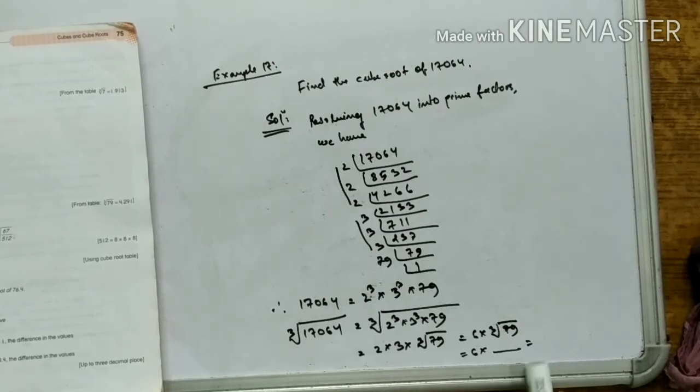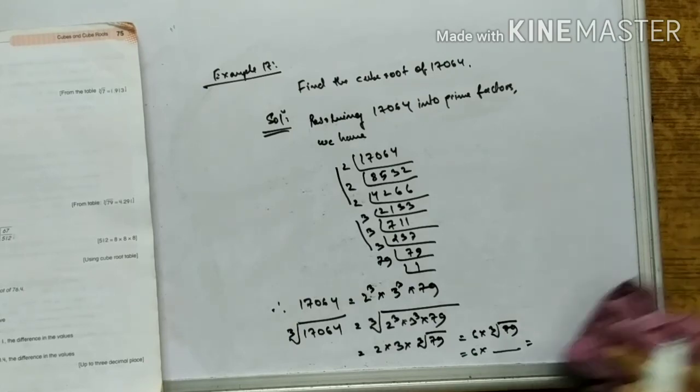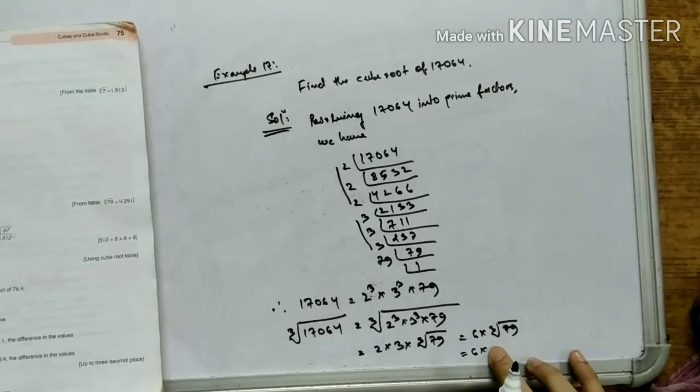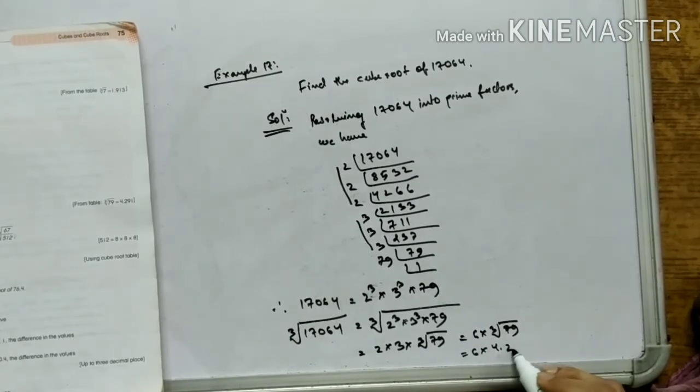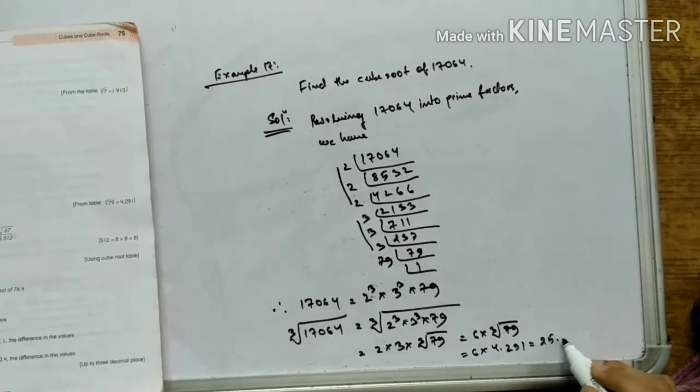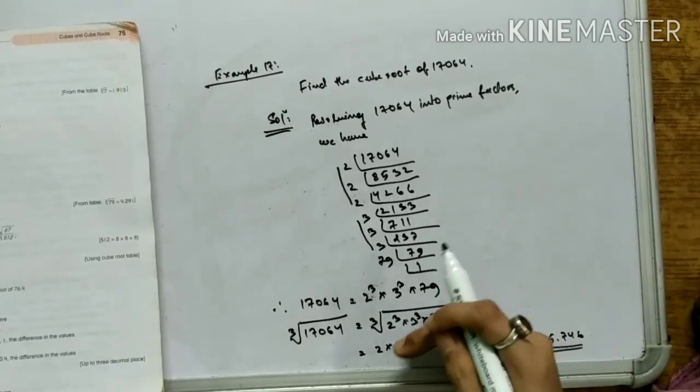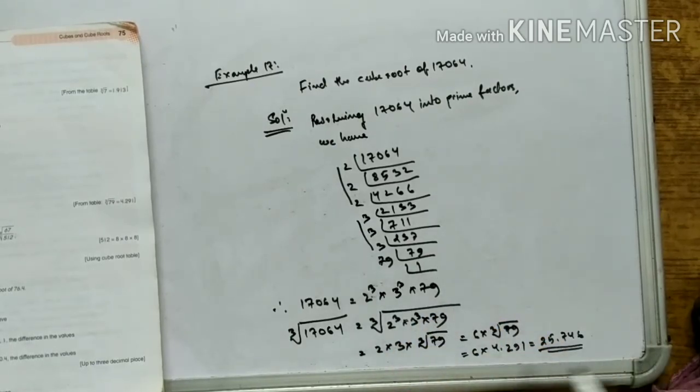It is given in the book as 4.291. So if you multiply it, you will get 25.746. You write this one down. In my space there is none, that's why I'm writing in this way.